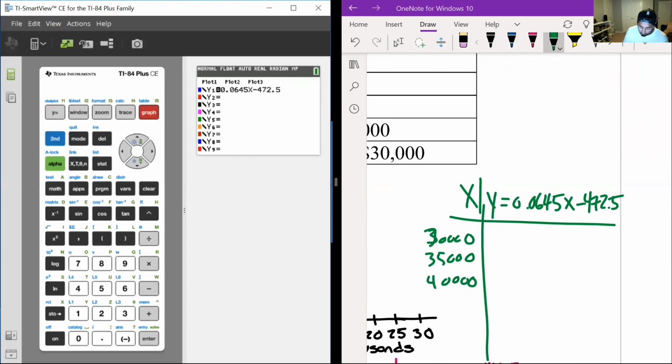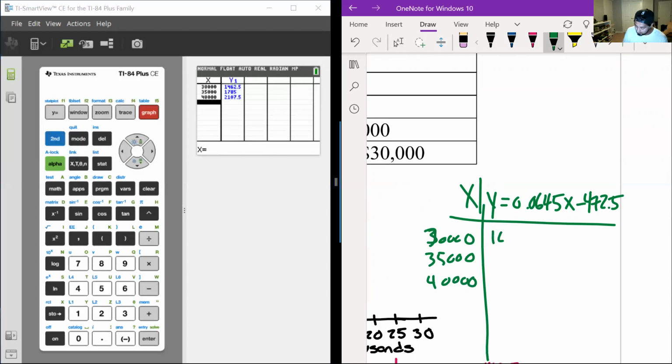Okay. 1462.5, 1785, and 2107.5. Okay. We're ready to sketch our graph.